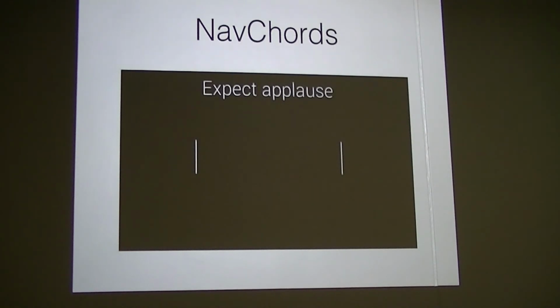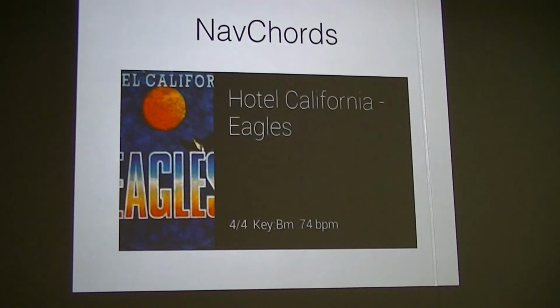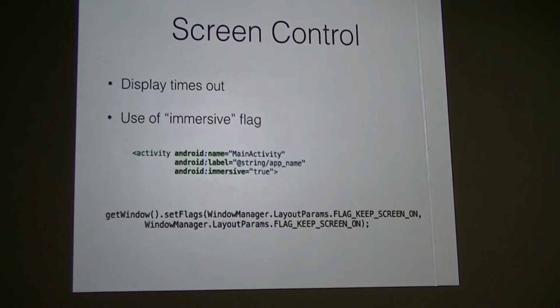So with these two apps that I'm doing, I came across the question of how you control the screen. What happens is after some time, the display times out, as you know. Both of these apps that I'm developing are implemented as immersions, which are analogous to Android activities.